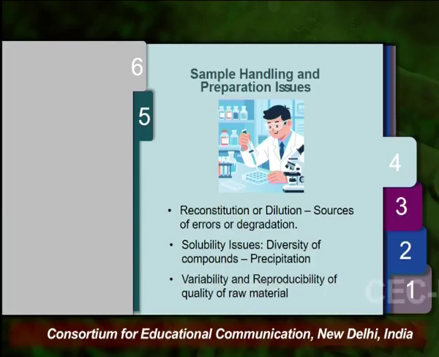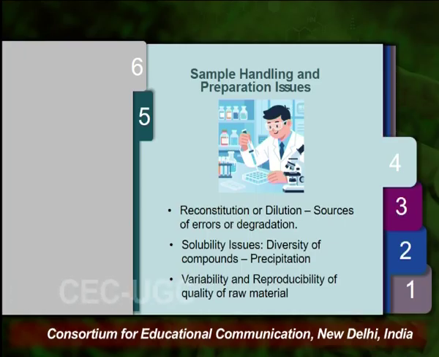Second, solubility issues may occur because an extract contains compounds ranging from non-polar to polar, and while reconstituting that extract into solution form, if we are not using an appropriate solvent which dissolves both non-polar as well as polar compounds, precipitation of insoluble components may occur, which will again interfere with the results of high throughput screening.